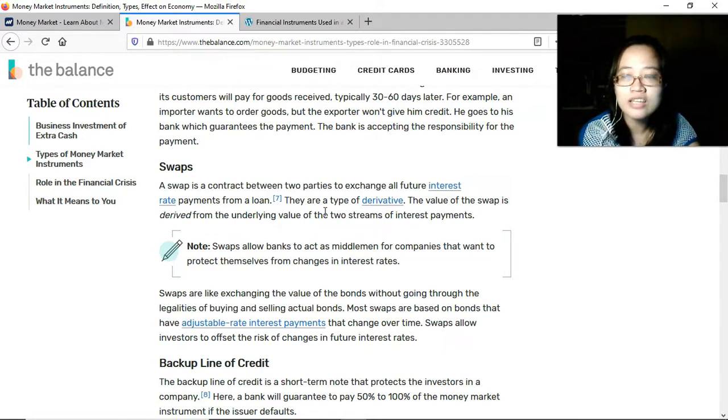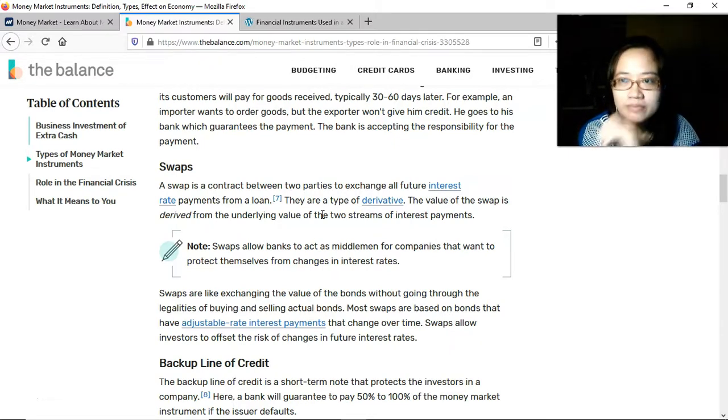Yung example natin kanina, Company A, bibili ng machinery from a foreign company. Tapos, the payment is in US dollars instead of pesos. So, yeah. There are different types of contract na pwedeng gawin doon. Pwedeng futures, pwedeng forward contract, tapos another itong swap.